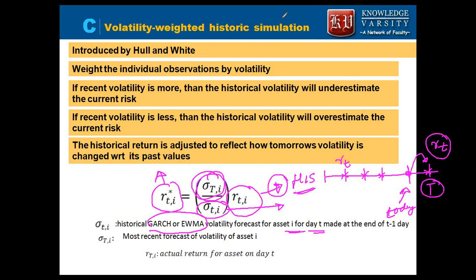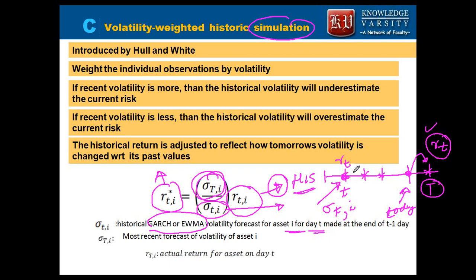Because these are simulations, we have to find this return so that we can find the lower values. On this day t there will be some volatility estimate, sigma t, for a particular asset i.